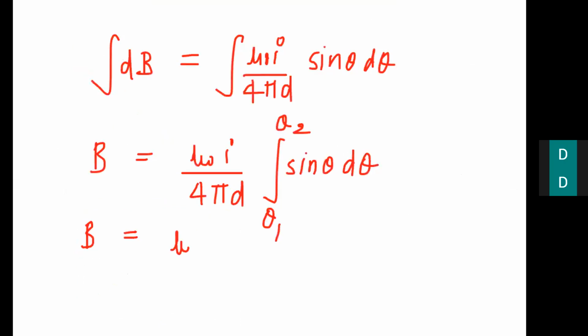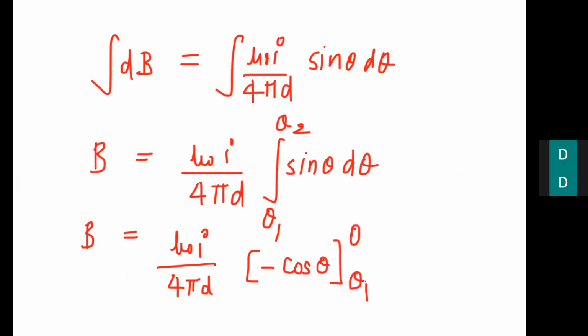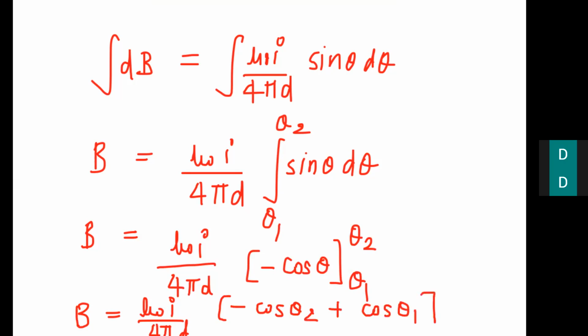So mu 0 I upon 4 pi d, and that is going to be minus cos theta from theta 1 to theta 2. This is definite integration. First we always put the upper limit, plus we put the lower limit, that is minus, minus minus is going to be plus.